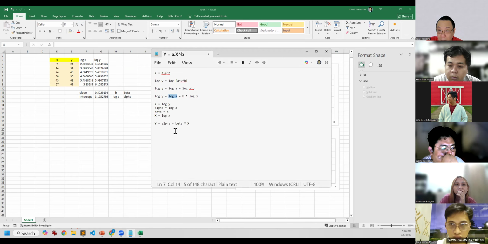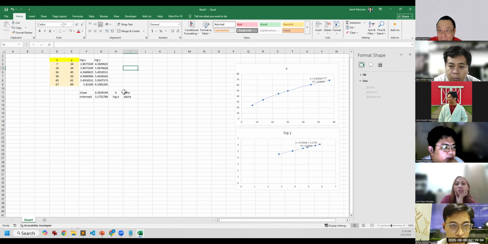Then we already have the alpha and beta, but what we want is not alpha and beta, because our original model is A and B, isn't it? So how to get A and B? B is already the same as beta, so this will not change. But log A is equal to alpha. 3.17 is alpha.